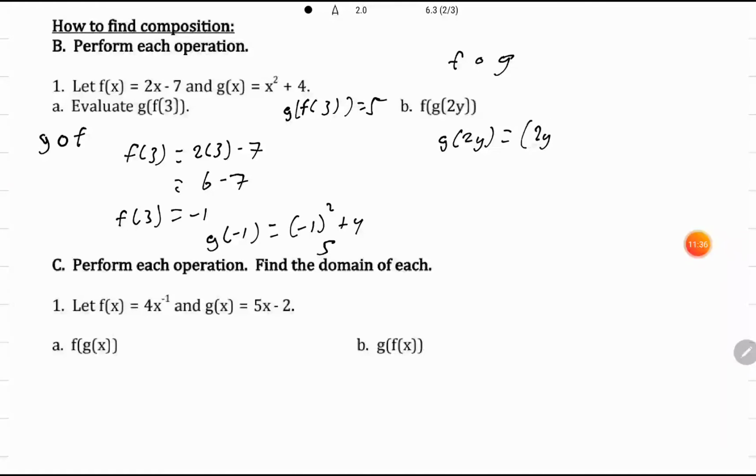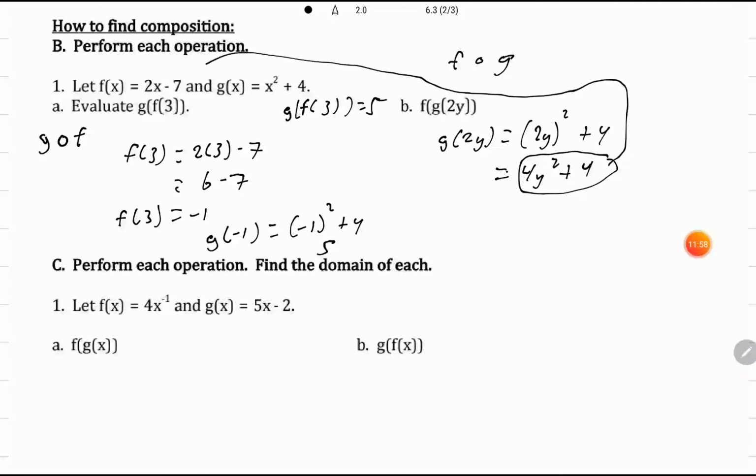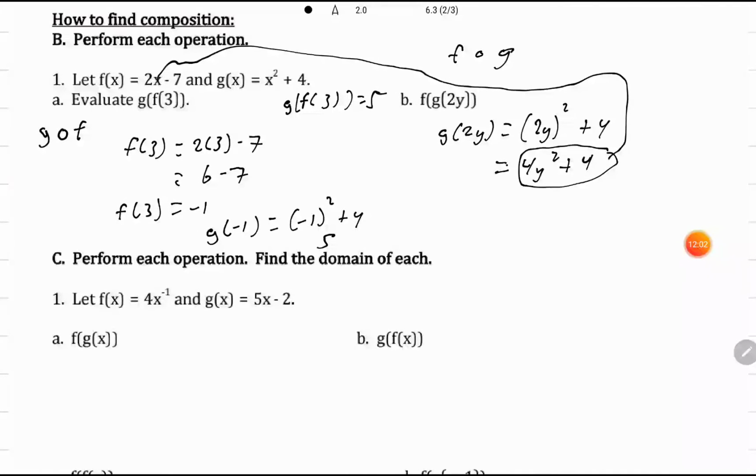So 2y squared plus 4, which is equal to 4y squared plus 4. And we can't do anything else. Then we're going to plug this into our f function, which is all the way up here, into the x spot.